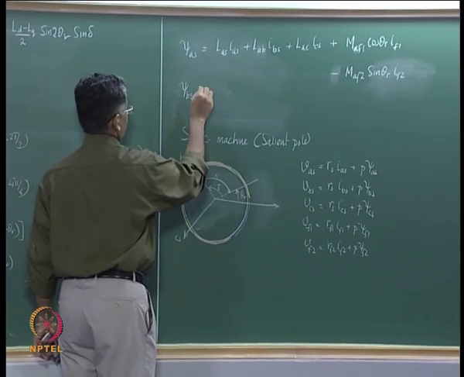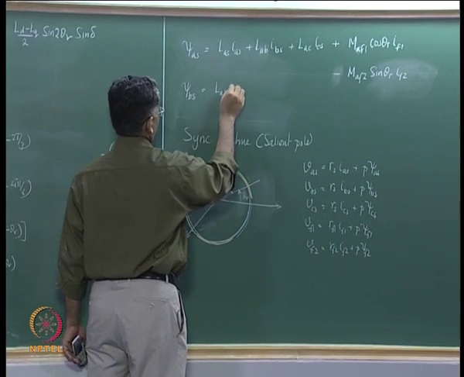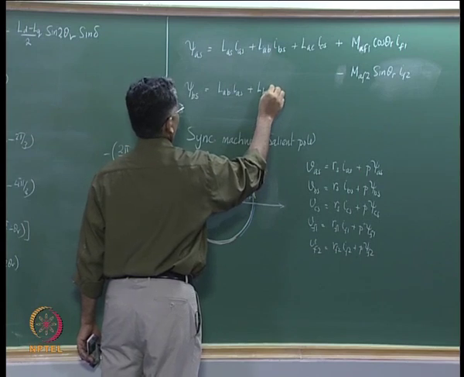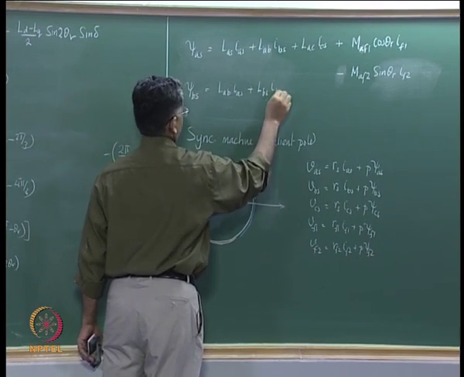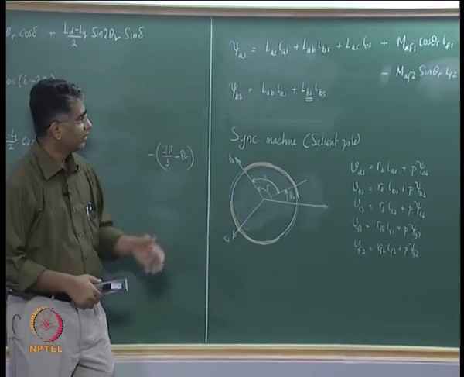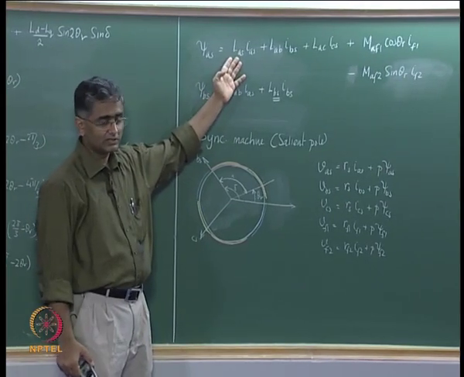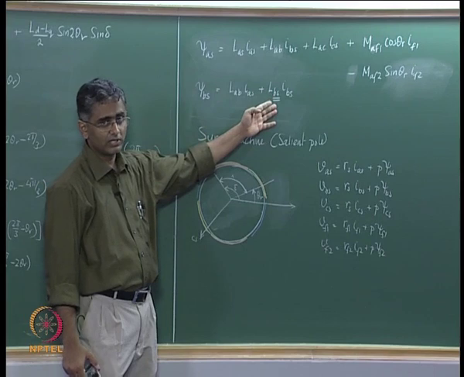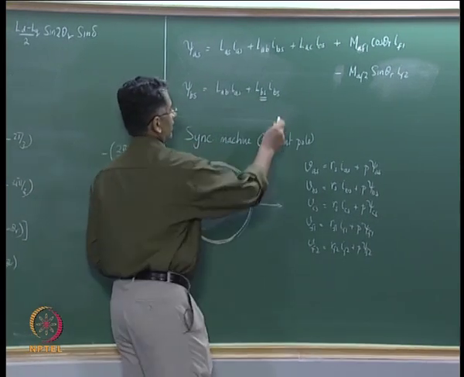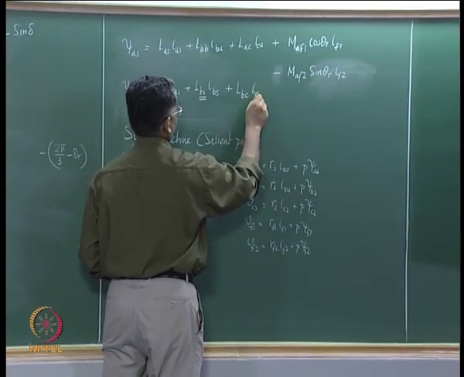The flux linkage for the B phase can be written as LAB into IAS plus LBS into IBS, LBS being the self inductance of the B phase winding, which will have the same form as that of LAS, except that theta r will have to be replaced by a suitable angle, and then you will have LBC times ICS.